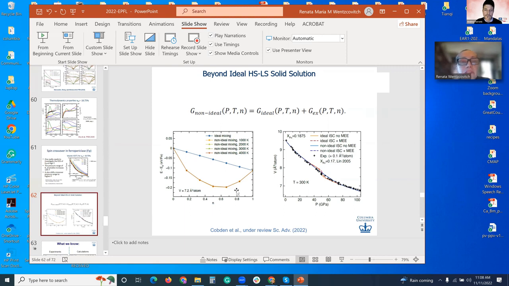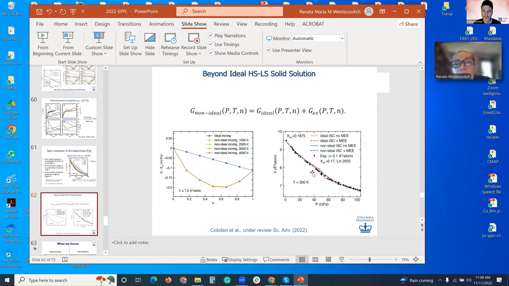And then you include this excess free energy in the non-ideal solid solution model. Again, this is a numerical function. And then instead of getting a nice clean formula for the n that minimizes the free energy, you get an equation that has a numerical term.